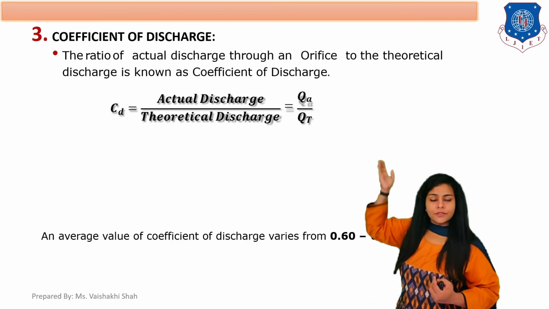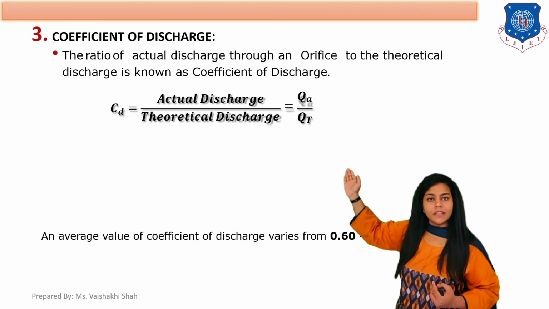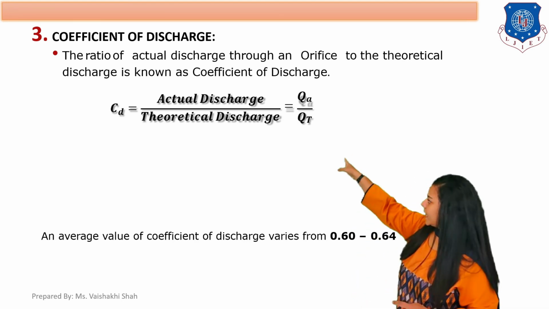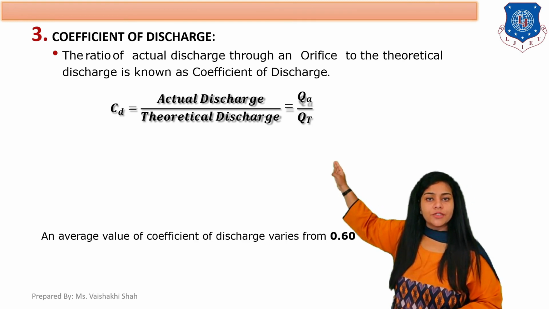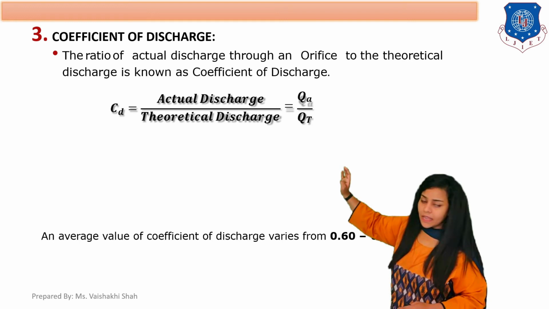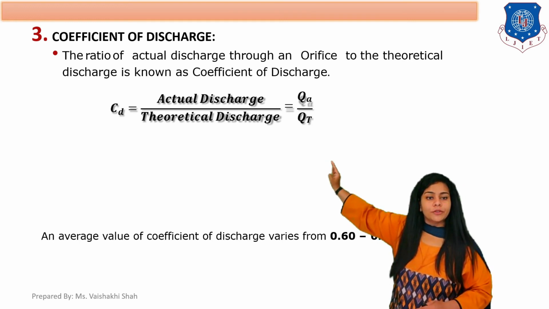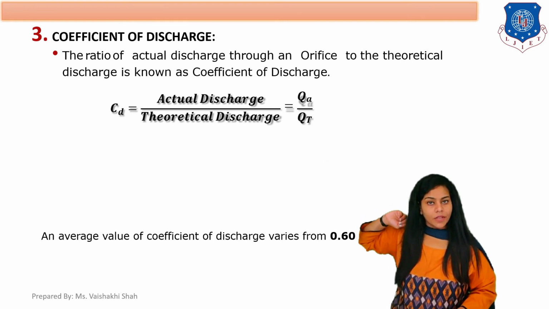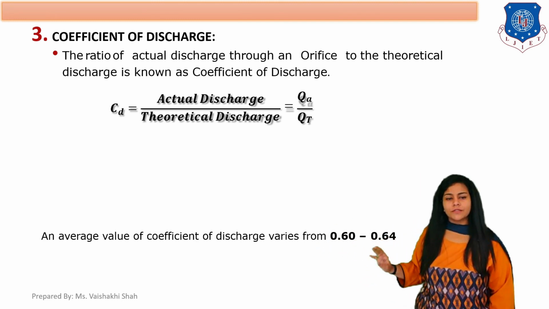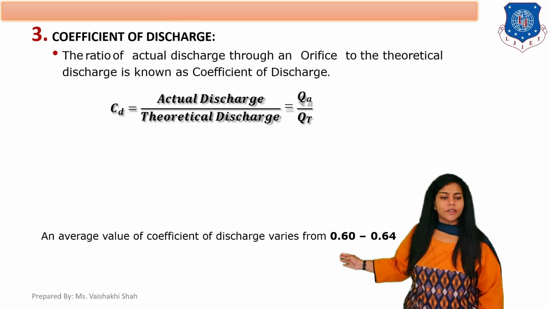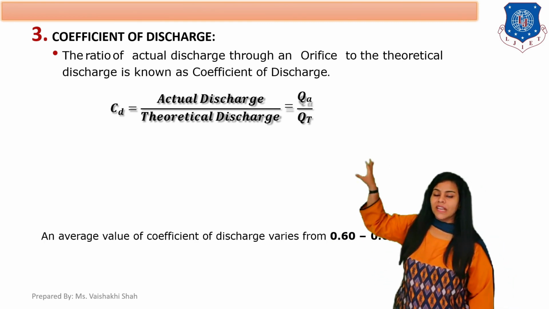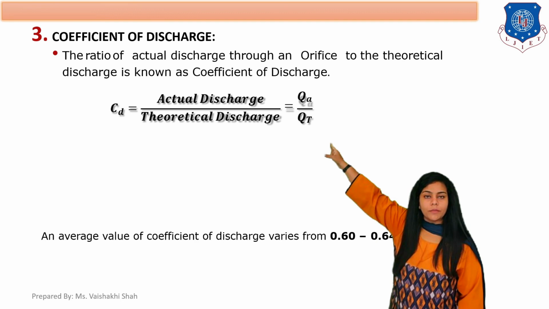The actual discharge is Qa and the theoretical discharge is Qt, so Cd equals Qa by Qt. The value of the coefficient of discharge is normally 0.6 to 0.64. Clear?